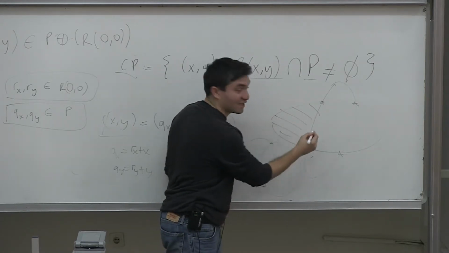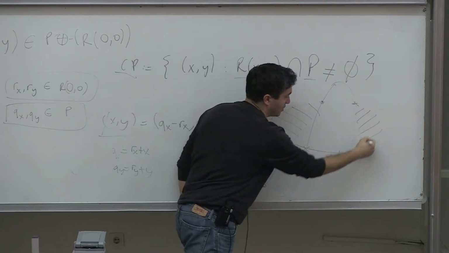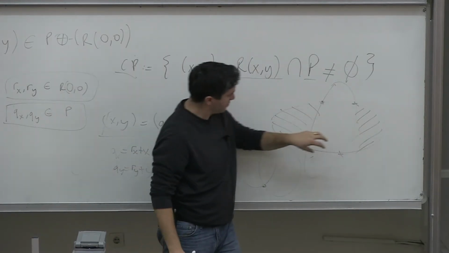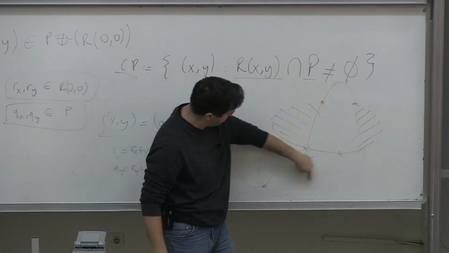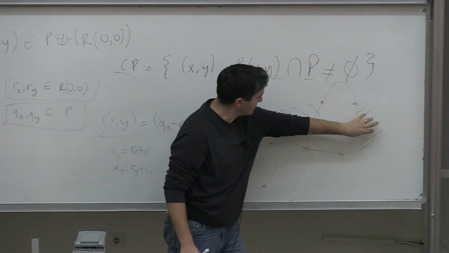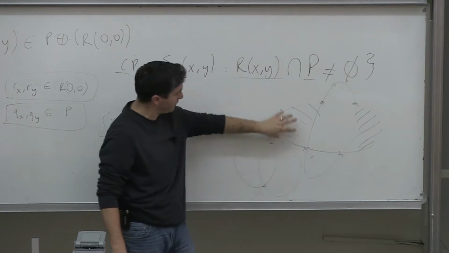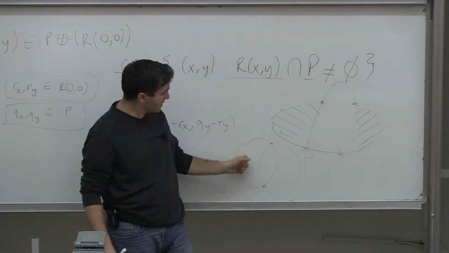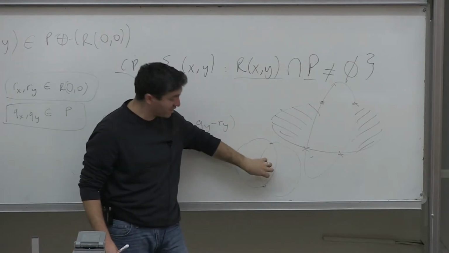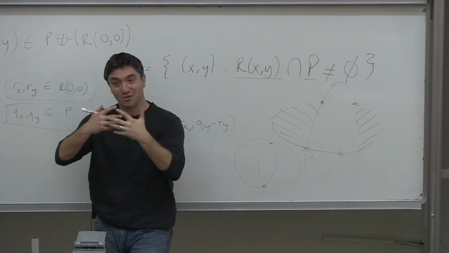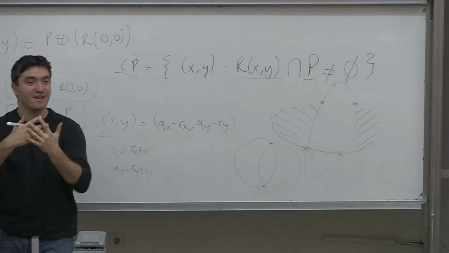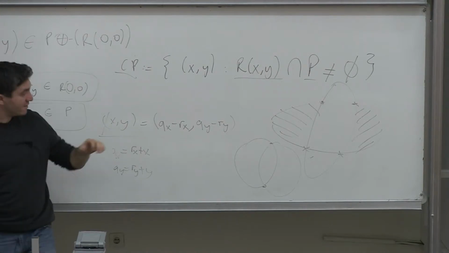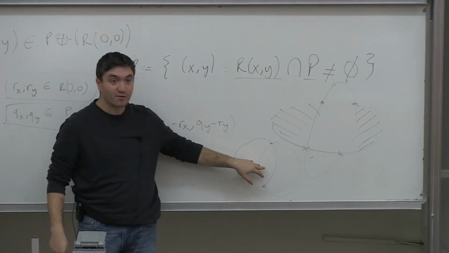So the difference of the interior of this polygon with the other polygon is disconnected. But if you do it in circles, it's always going to be connected. If you intersect two circles, the intersection of the boundary with the other circle is always going to be a connected region.